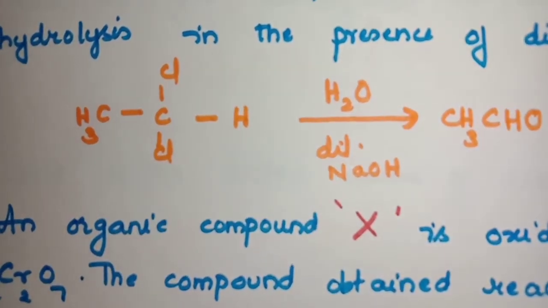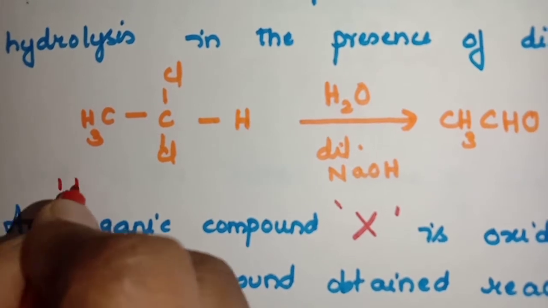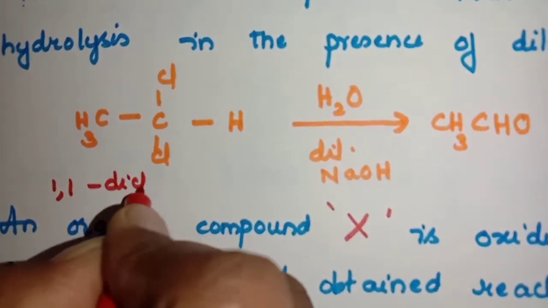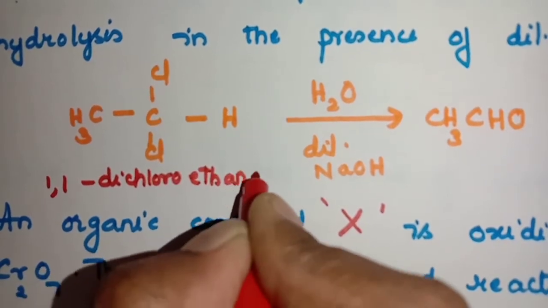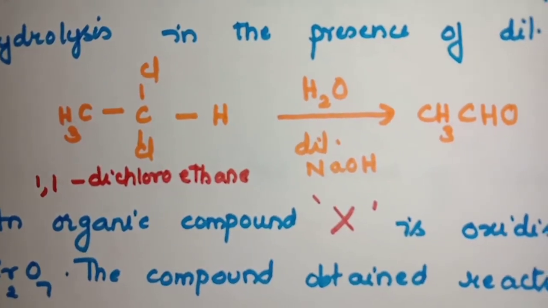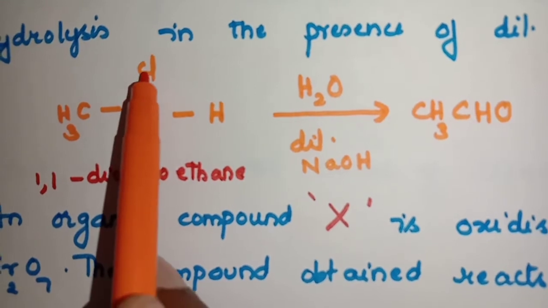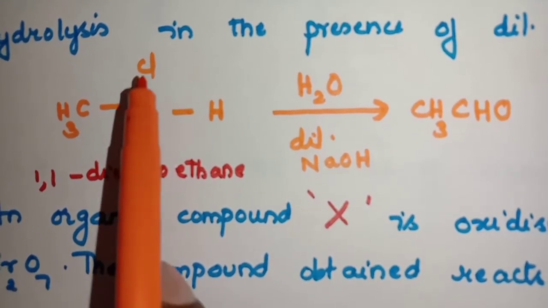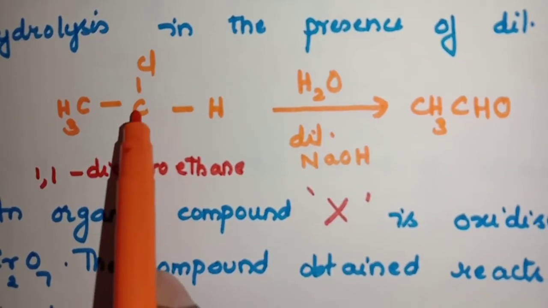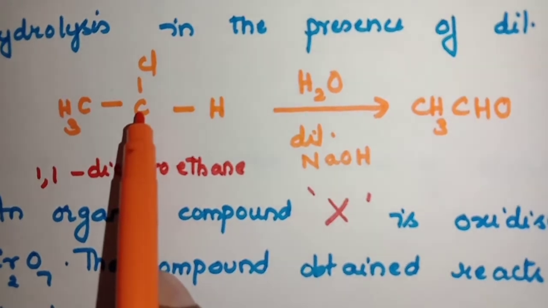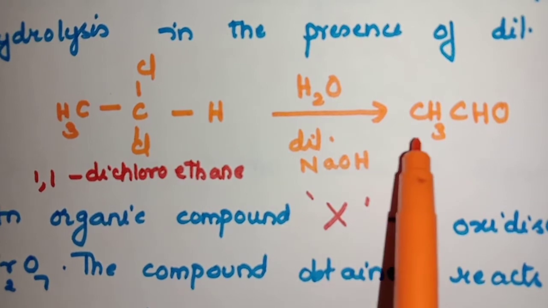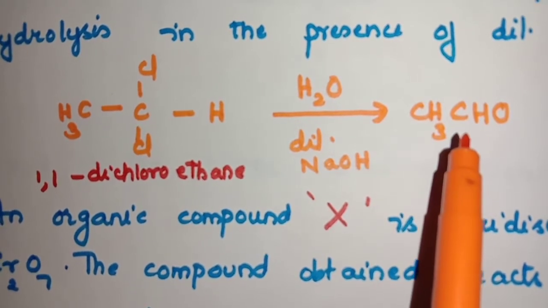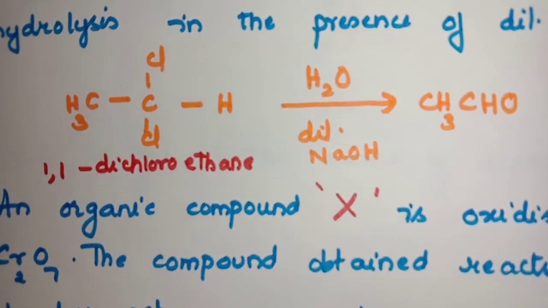It is called 1,1-dichloroethane. When it undergoes hydrolysis, we get OH and OH. Two OH groups on the same carbon are unstable, and hence one H2O goes out and we get acetaldehyde. Okay, that is the answer for this question.